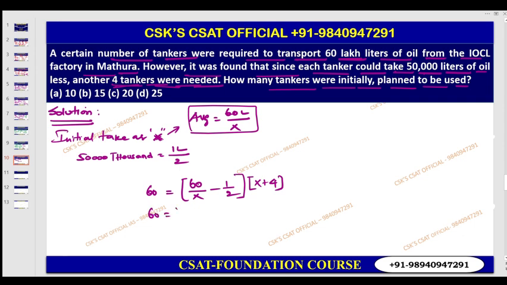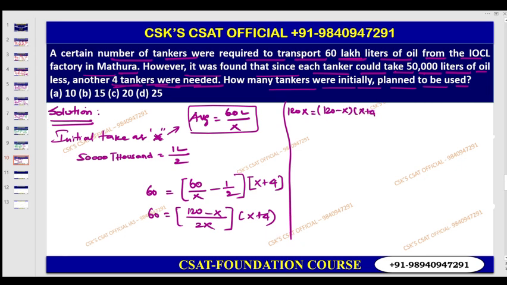So therefore 60 is equal to, take an LCM here, 2x. Right? So if you are doing this here, cross multiply, 120 minus x plus 4. Now cross multiply that 2x towards the LHS, 120x, which is equal to bring this here, or else rearrange.